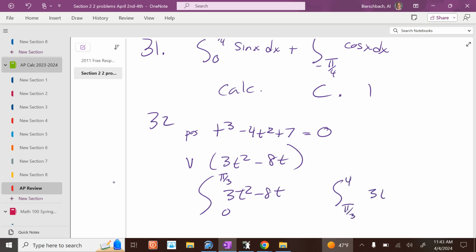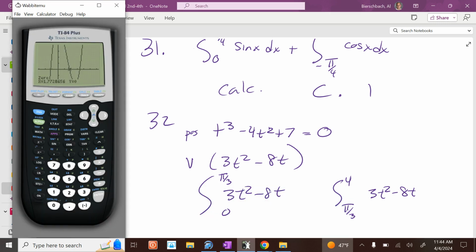of 3t squared minus, I bet that's supposed to say 8t there, huh? Instead of just 8t. Now we've got to figure out which one's positive, which one's negative.